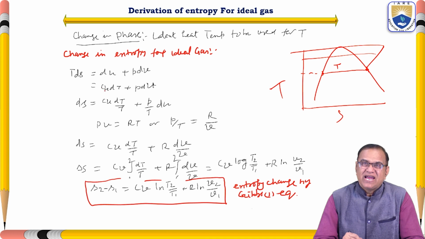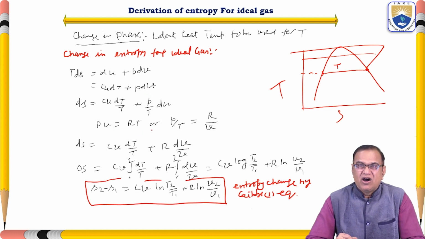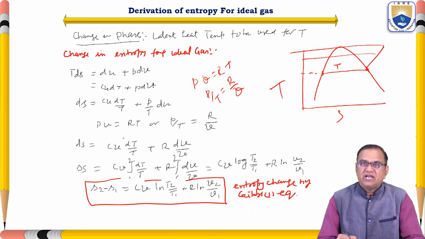So we can write du is equal to Cv dT, so dS is equal to Cv dT by T plus P dV by T. For this, we can write PV is equal to RT, so P by T we can write as R by V. So here dS is equal to Cv dT by T plus R dV by V.